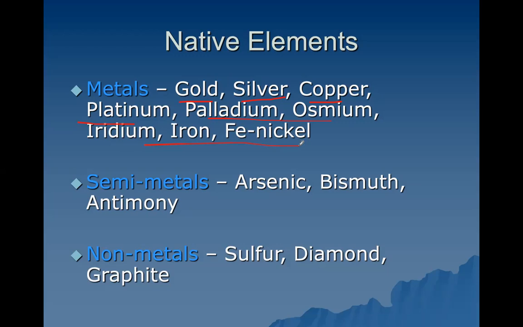What are the non-metals? Non-metals are sulfur, diamond, graphite. They are all in elemental form. Sulfur is S, diamond is carbon, graphite is also carbon. Those are elemental forms, so we consider them as native elements.